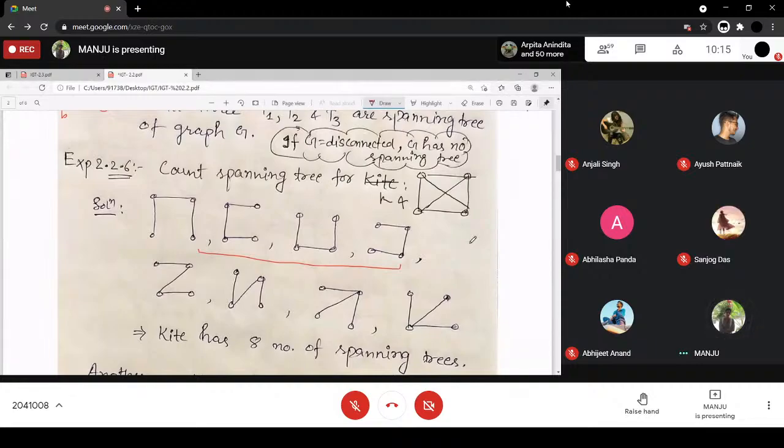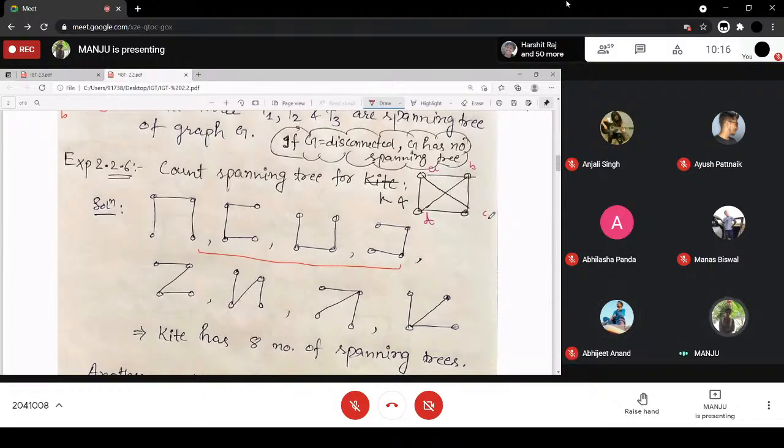Anyone? And we can take the first vertex and make one. Which edge are you talking about? And from A, K1,3 we can make. A2, K1,3 we can make.